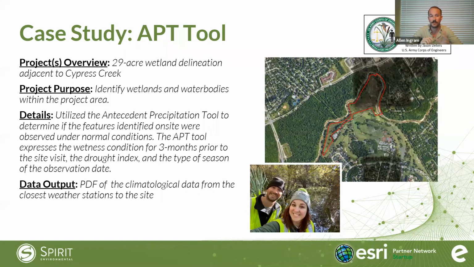For this particular site, we had 29 acres on Cypress Creek, which is a little creek just north of Houston. We're trying to do our wetland delineations, identify our wetlands, our water bodies in this area, try to figure out how we're going to end up mitigating for this project.